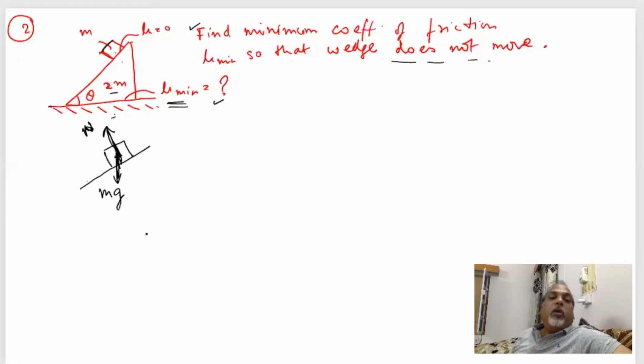This, and what about the wedge? It will have this normal reaction on this. This wedge is of mass 2 mg.